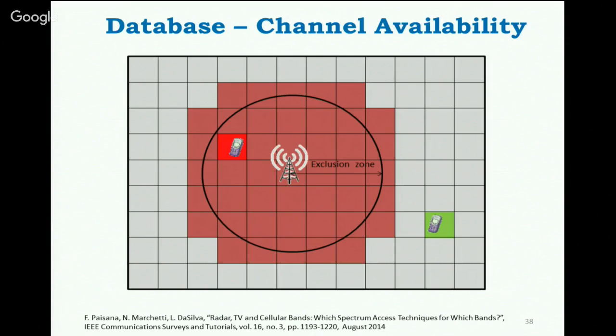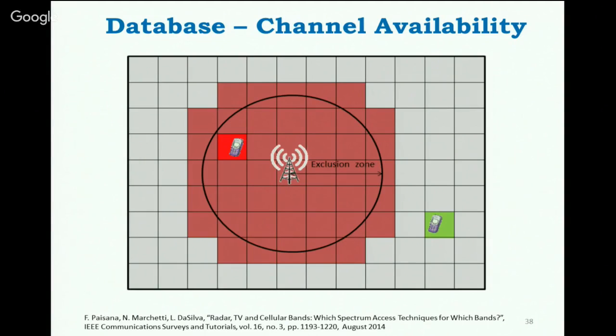Now, there are a few issues in how you come up with the best size for the pixel, and mainly it has to do with the trade-off between accuracy and complexity, as many times in our telecom domain. So if you want to be more precise in defining this exclusion zone and maybe also more efficient in sharing the spectrum over a region, the pixel should be small, right?